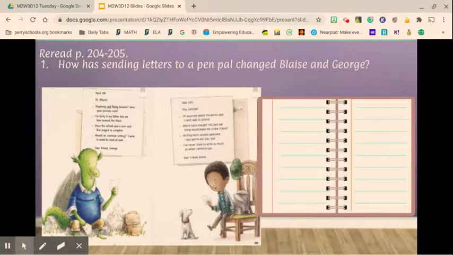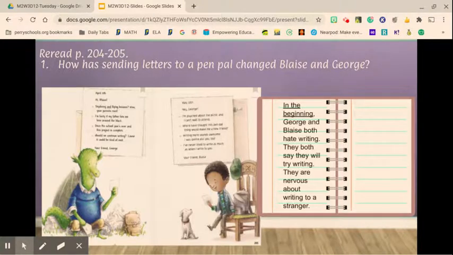So as I reread page 204 to 205, I'm asking myself, how has sending the letters to the pen pals changed Blaze and George? And when I think about this question, and I'm talking about how characters change, I need to look at how they were in the beginning, and I need to look at how they are in the end.